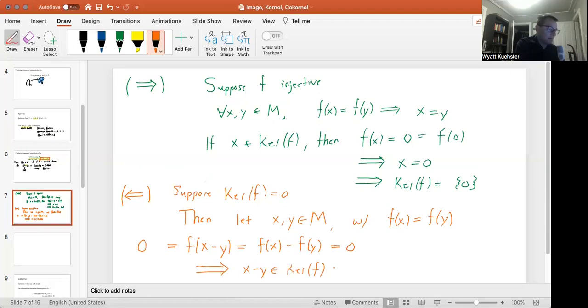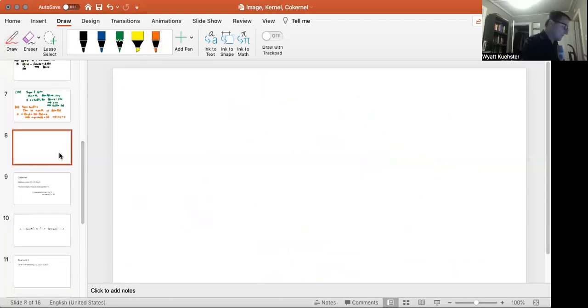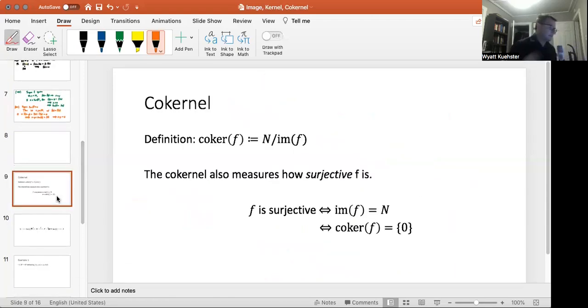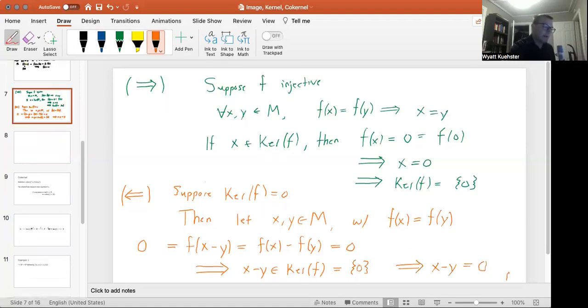But then the kernel of f equals 0. So this implies that x minus y equals 0, because 0 is the only thing in the kernel. Okay. So that's the end of that proof. F is injective if and only if the kernel is 0.